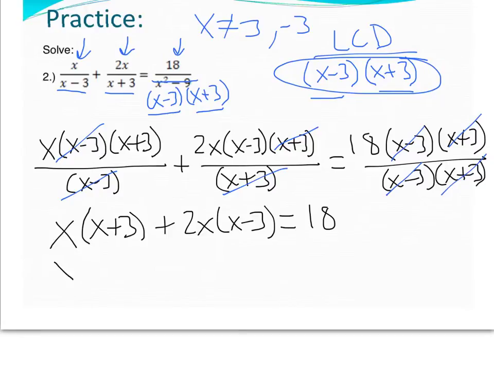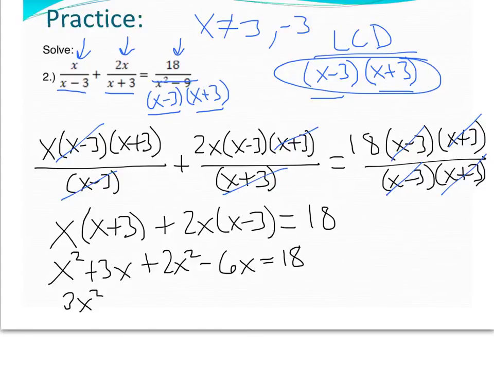Our next move is to distribute. So we have x times x gives me x squared, x times 3 gives me 3x, plus 2x squared minus 6x equals 18. Combine my like terms and set it equal to 0. 3x squared, 3x and negative 6x gives me negative 3x. Subtract 18 from both sides, and that equals 0.